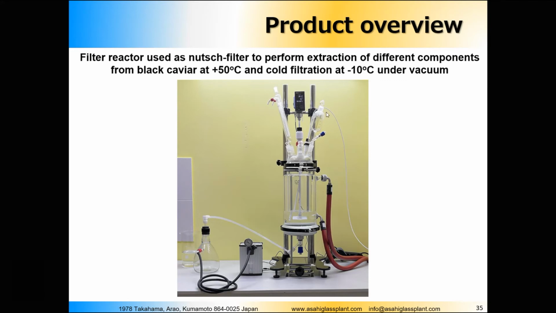Another thing that they do is the cold filtration. They do the cold filtration under vacuum in order to get rid of fats. How do they do that? There is a certain amount of fats that they would like to get rid of. So they take the solution which they got after the extraction, put it inside the fridge and cool it down to something like minus 10 degrees centigrade.